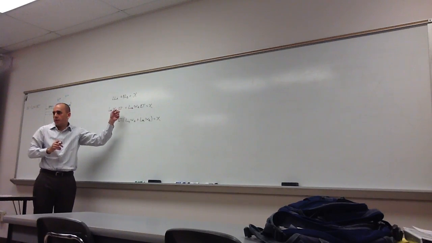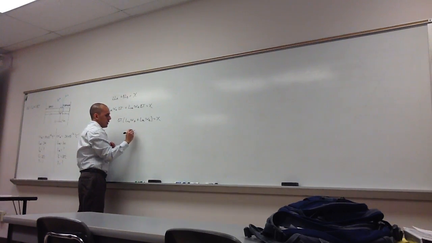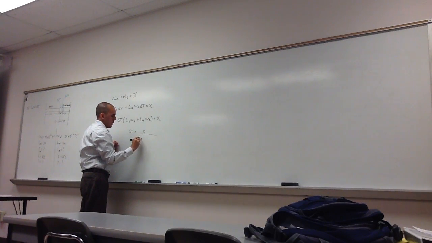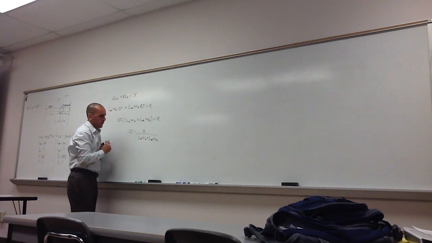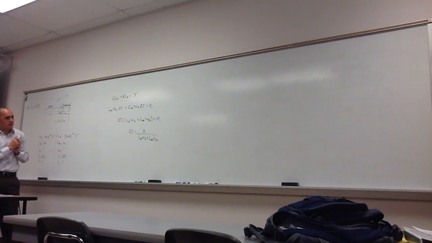Because there's a delta T common in both of these terms. We'll just divide out that parentheses there. Get delta T is equal to X over L naught A, alpha A, plus L naught B, alpha B. Okay. And we have all the numbers in there now for the X, the L's, and the alphas.